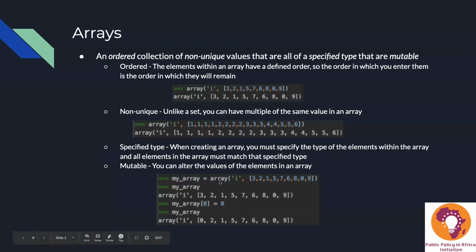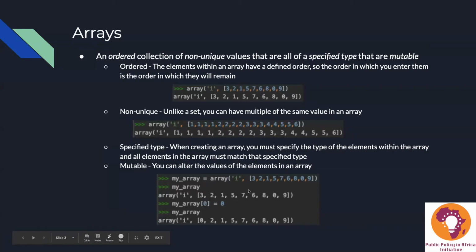So in this array, I create an array 321, 576, 809, output my array here, and I stored that in a variable. So now I can actually access the elements within that array using this bracket notation. This is called indexing the array, and we'll talk about that on the next slide. What I'm doing here is I'm referencing the first element of the array.